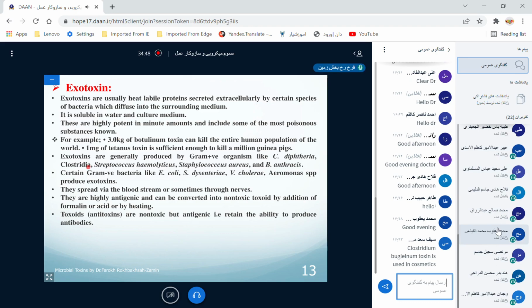So exotoxins are generally produced by gram-positive organisms like Corynebacterium diphtheriae, Clostridia, Streptococcus hemolyticus, Staphylococcus aureus, and Bacillus anthracis.